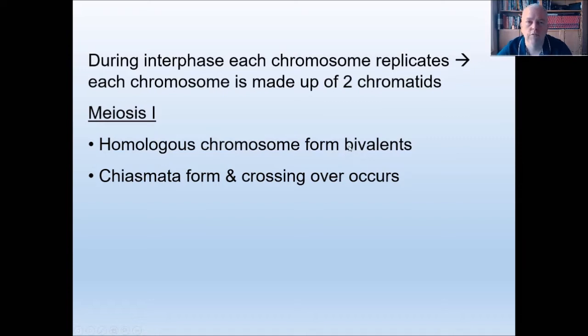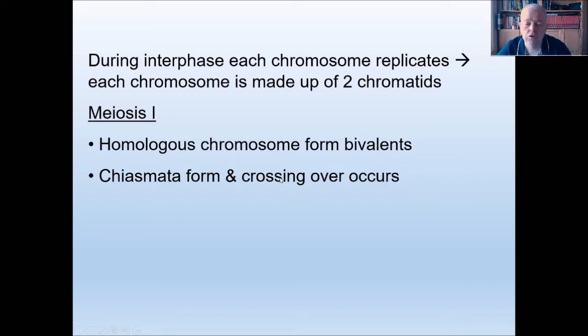So you would have, if you like, 4 chromatids within that structure. And when that happens, you can get the formation of a structure called a chiasma, or if you like in plural, a chiasmata. And these chiasmata are where you get an exchange of genetic material between different chromosomes.